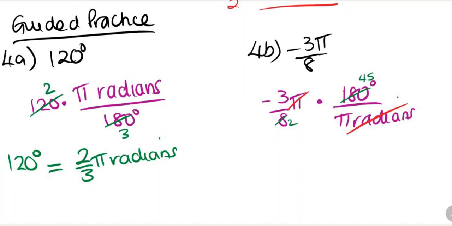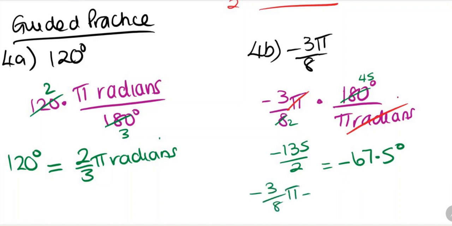So minus 3 times 45 is minus 135 divided by 2. This is actually going to be minus 67.5 degrees. So minus 3 over 8 pi is equal to minus 67.5 degrees.